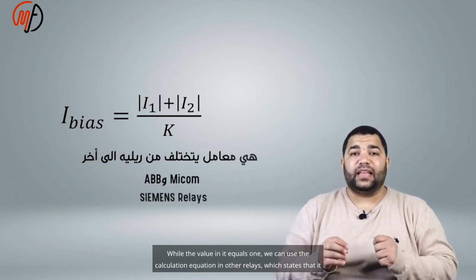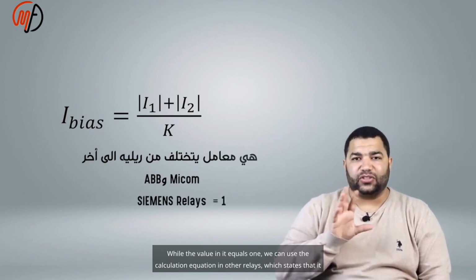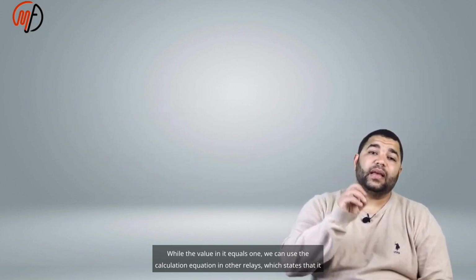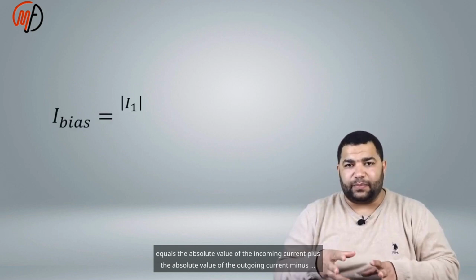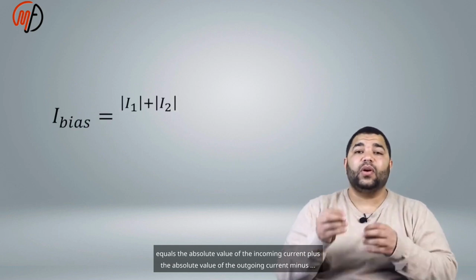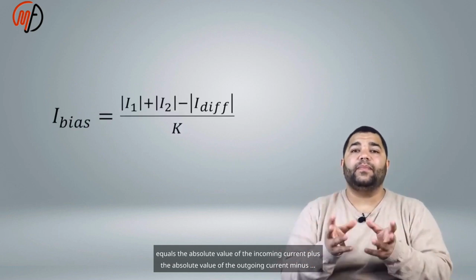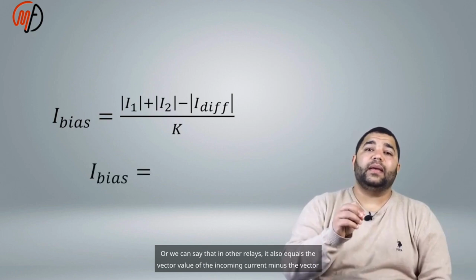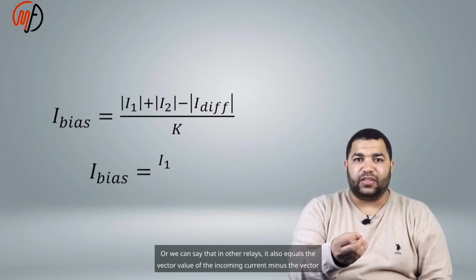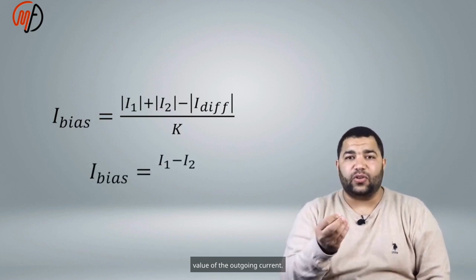While if the value of K equals 1, we can use the calculation equation in other relays, which states that it equals the absolute value of the incoming current plus the absolute value of the outgoing current. Or we can say that in other relays, it also equals the vector value of the incoming current minus the vector value of the outgoing current.